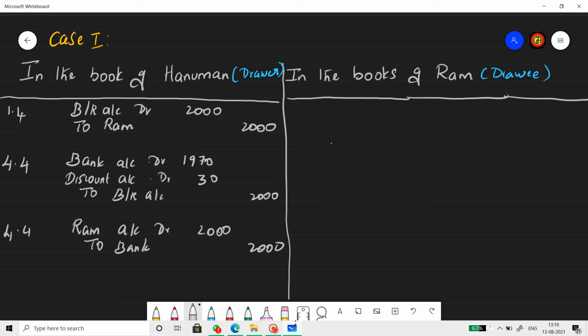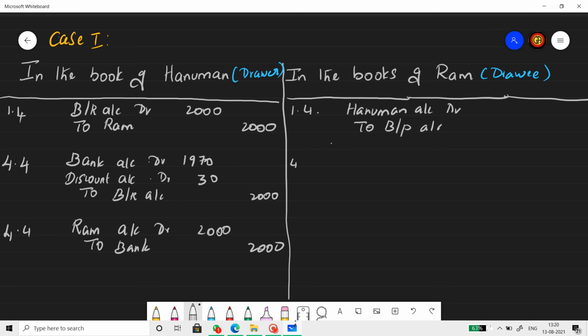Now in the books of the drawee, which is Ram. On 1/4, it is Hanuman account debit to Bills Payable account, being acceptance given.